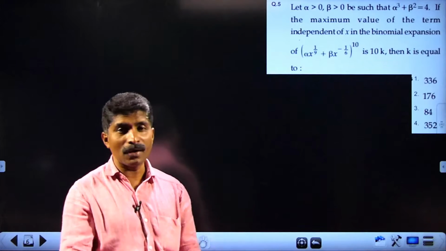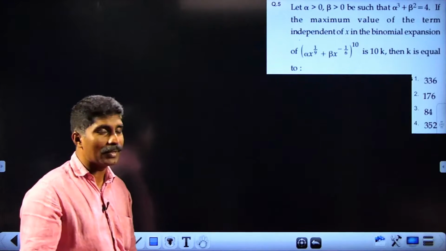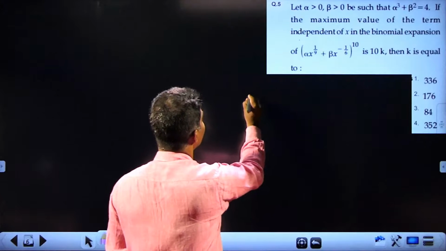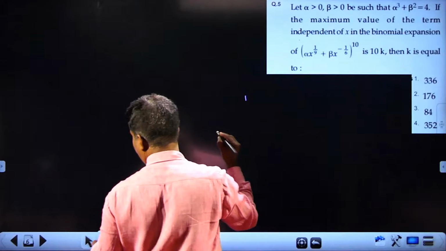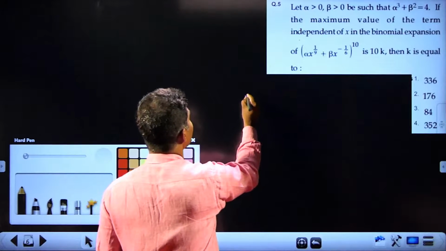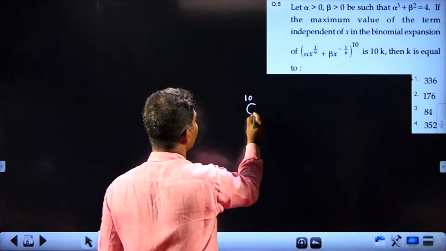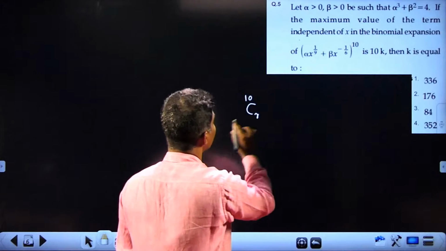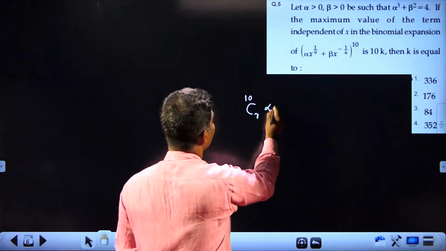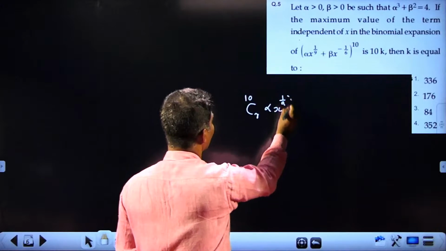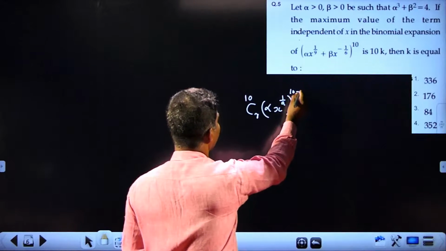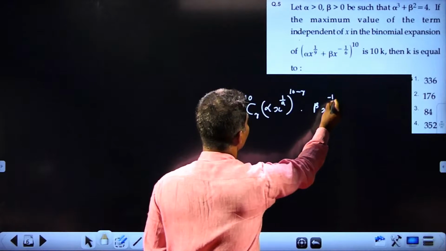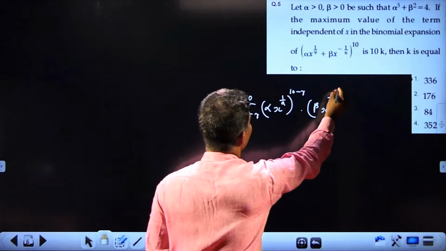From the NCERT you have studied what is the term independent of x, that is the power of x is equal to 0. So we can see that the term independent of x can be easily calculated. How will you calculate? So 10Cr, we don't know what r is, we are going to find it. 10Cr alpha into x raised to 1 by 9, whole raised to 10 minus r, into beta into x raised to negative 1 by 6, whole raised to r.